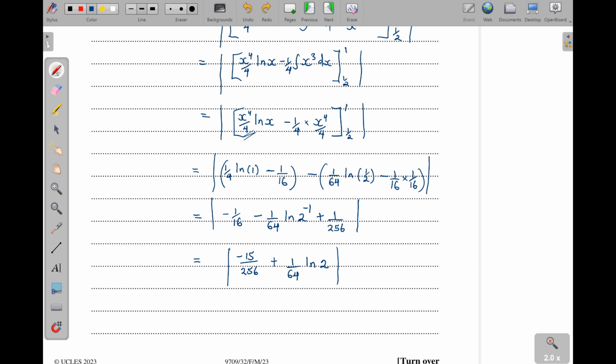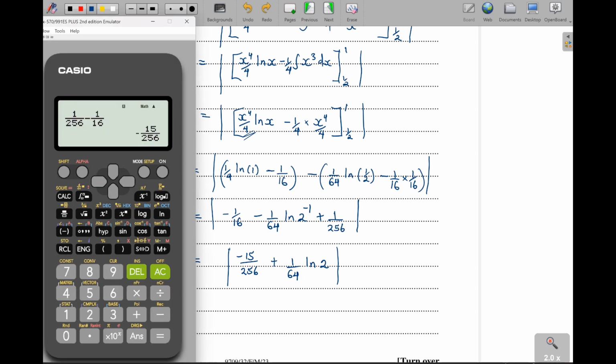So if it gives us a negative, let's check it out: minus 15 out of 256, then plus 1 over 64 times the natural log of 2. The whole answer is a negative, right?